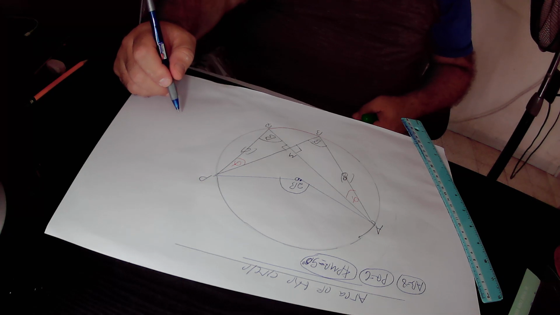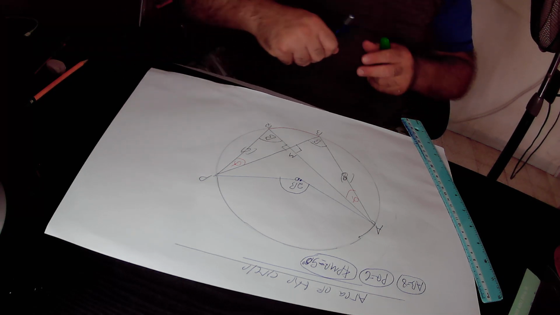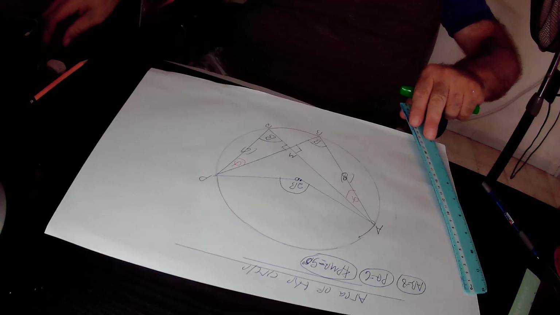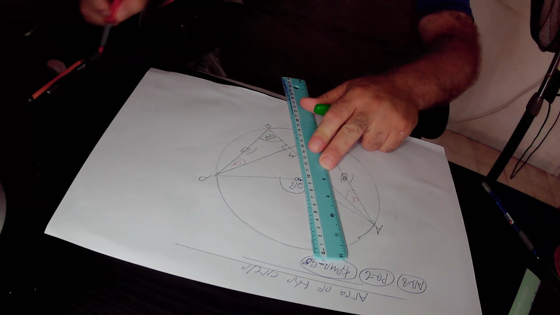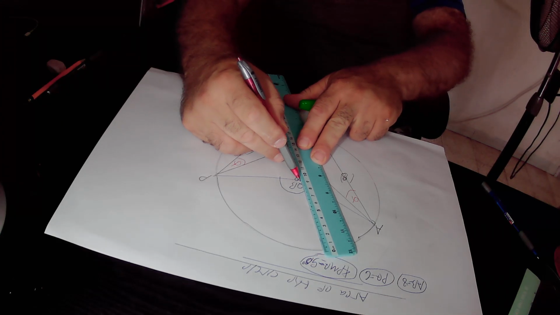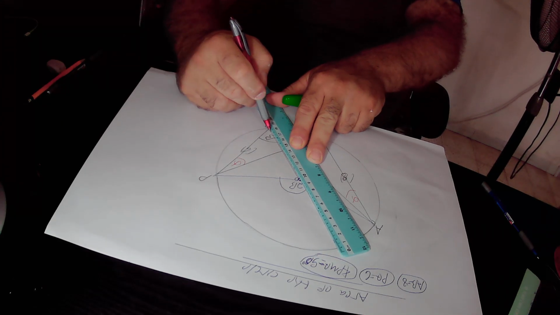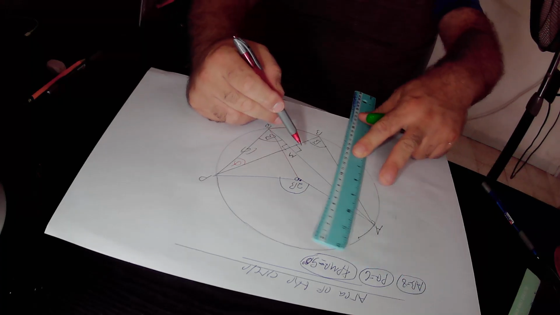Likewise, we create another central angle by joining points O and Q together by a straight line, and we also join points O and B together by a straight line.